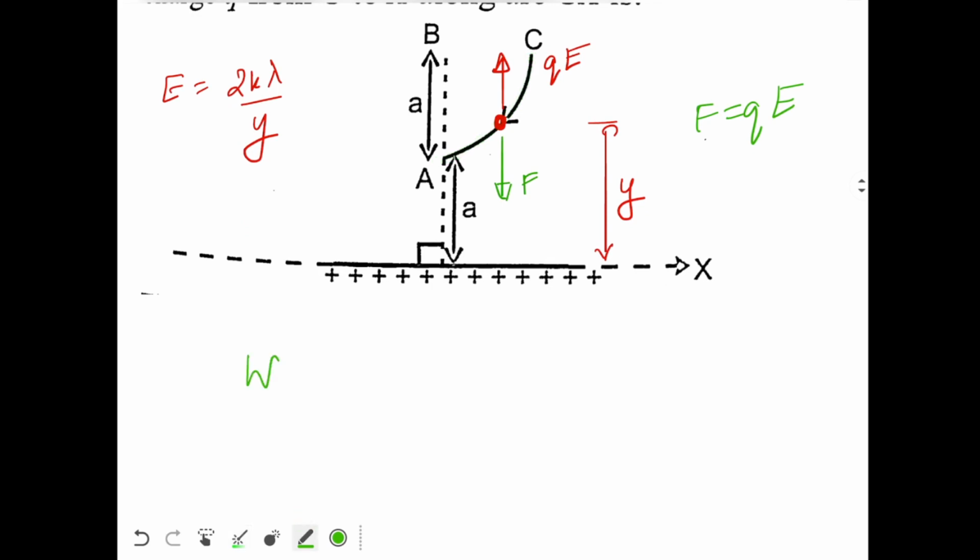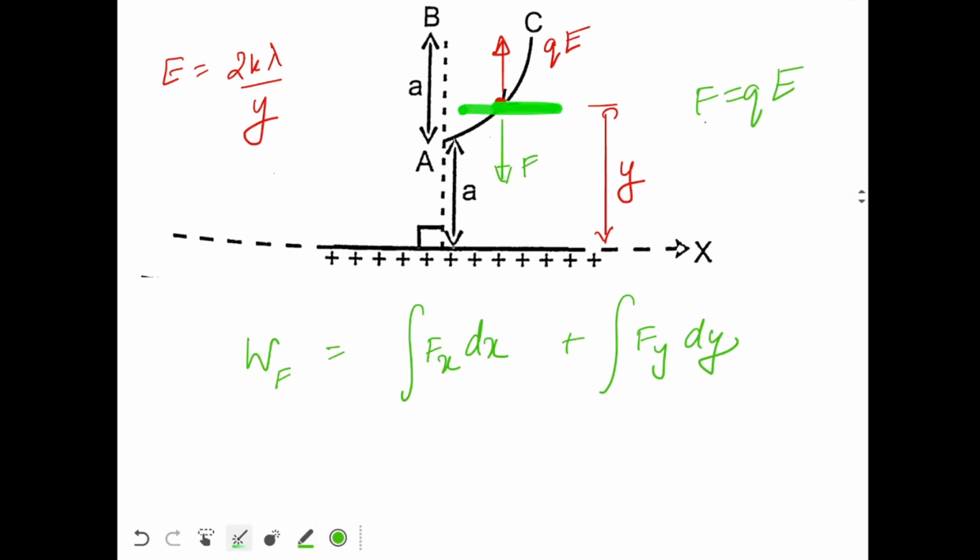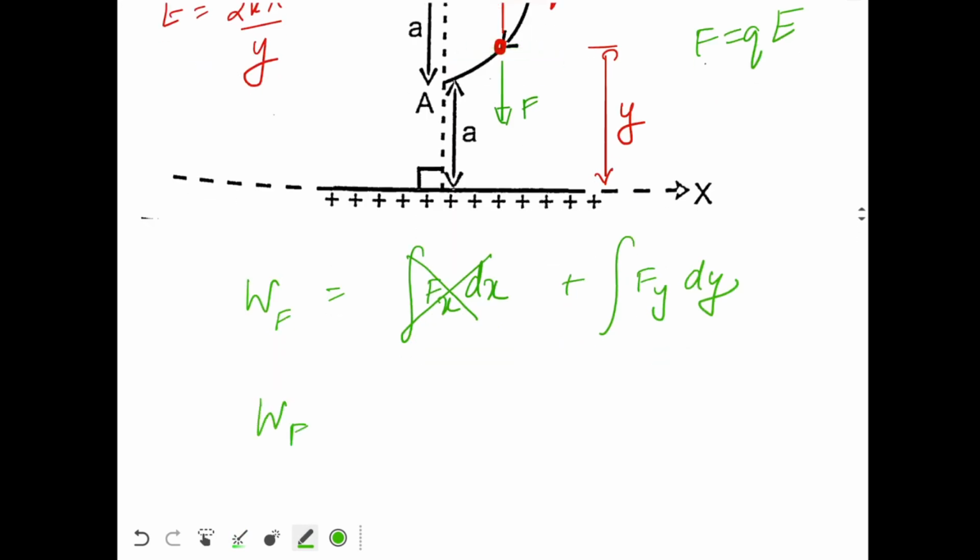So work done by the force F will be what? Integration Fx dx plus integration Fy dy. Since there is no force along x-axis, this will be 0. So I can simply write W_F is equal to integration Fy dy.